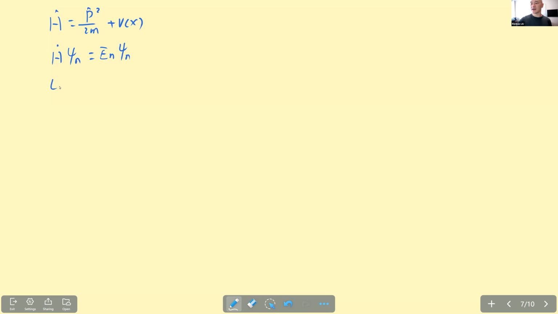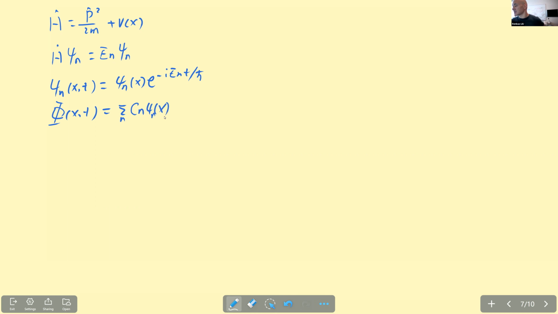And we know that the time dependence is going to be psi_m(x) e to the minus i E_m t over h bar, right? And the general solution is just simple as, okay, c_m psi_m(x) e to the minus i E_m t over h bar, okay?